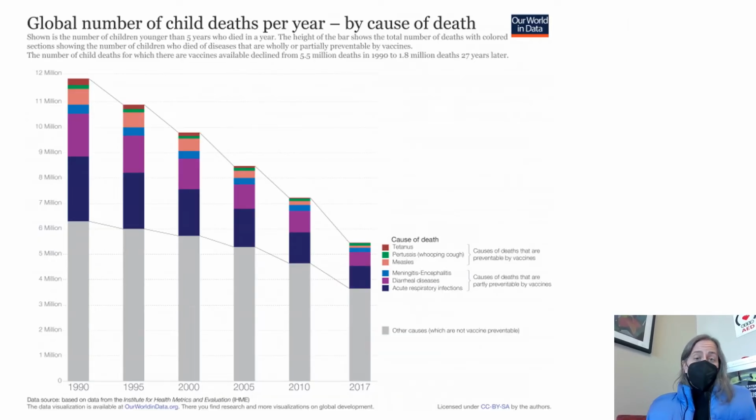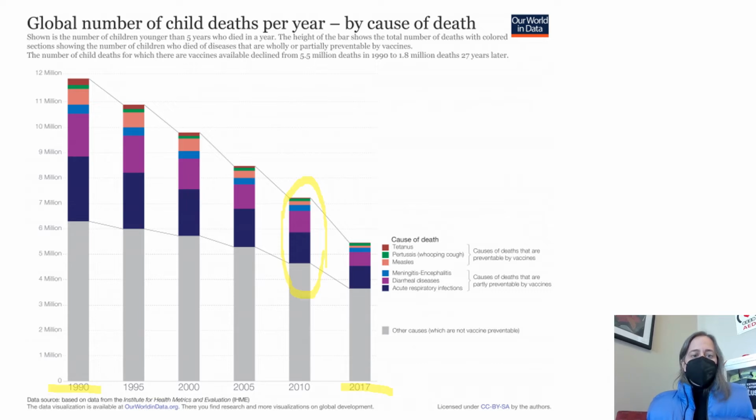We are making progress, though, globally when you look at all vaccine preventable illnesses. So this is relatively a short period of time, according to someone who's lived as long as myself. So from 1990 to 2017 here, we're looking at numbers of child deaths. Okay, so these are numbers of children who die globally. And everything that's in the colored parts are vaccine preventable or potentially vaccine preventable illnesses.